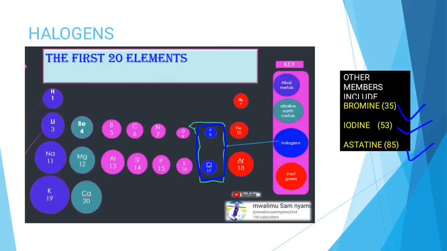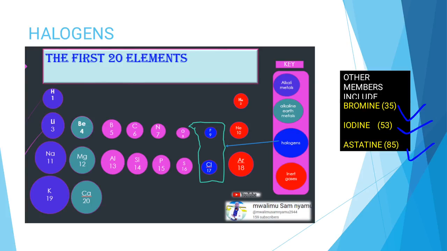That is to say, as we go down the group from fluorine to chlorine, the atomic size increases. Bromine is the third largest of the members, followed by iodine and then astatine.